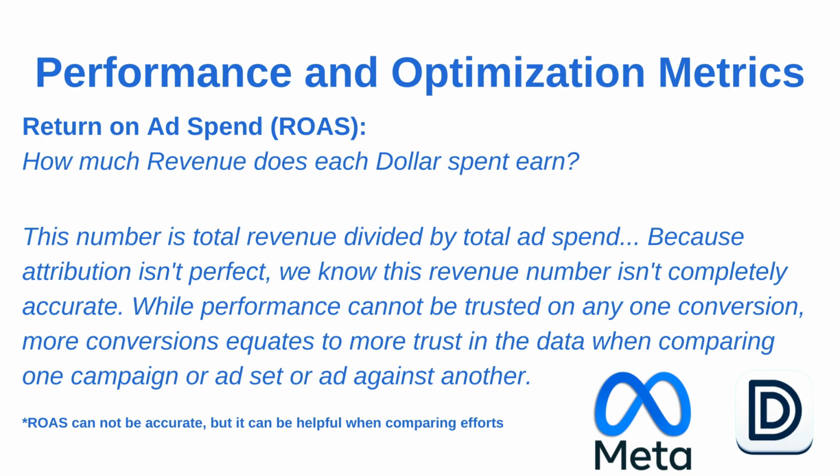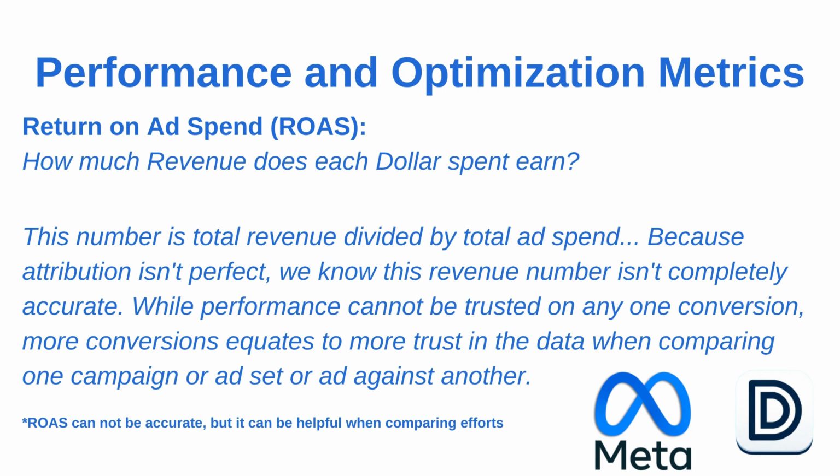is actionable. Next is return on ad spend, or ROAS. This is how much revenue each dollar spent earns. This number is total revenue divided by total ad spend. Because attribution isn't perfect, we know this revenue number isn't completely accurate.